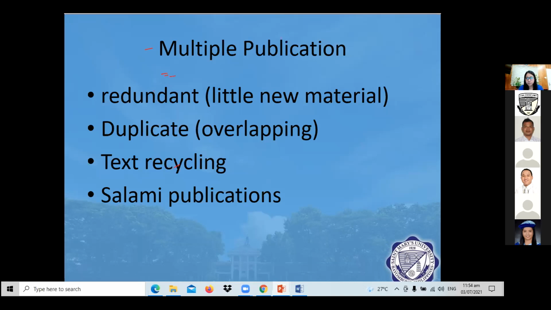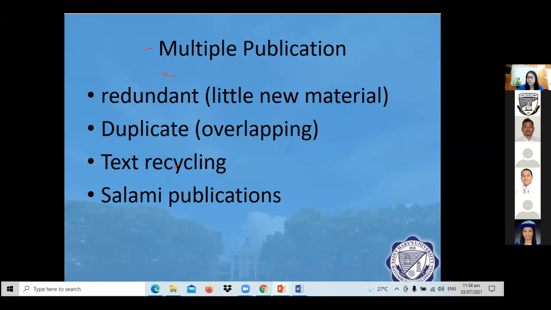So you have to also see to it na ganun yung mangyayari. So dapat hindi exactly the same and then you just place, parang ang mangyayari noon, babalik tayo sa little new material, redundant, pero hindi naman. So it's a different topic and another topic for the second paper. But to go away from salami publication, you really need to also do an effort.